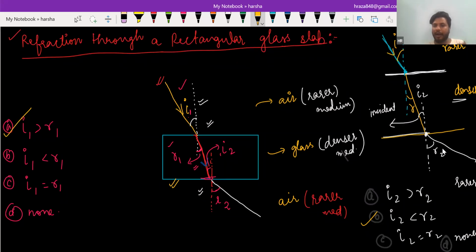And when a light ray travels from denser to rarer, it moves away from the normal because speed in denser medium is lesser than speed in rarer medium. So please draw the diagram, write this option in question form and tick the correct answer, and again this option and tick the correct answer. Then I am going to write some points regarding this which are important.